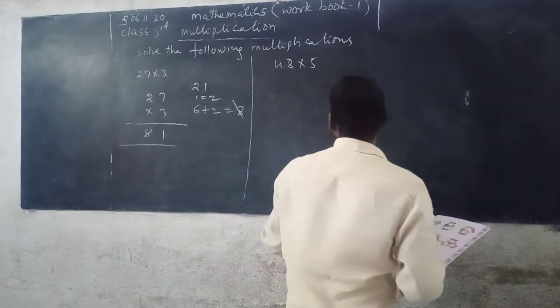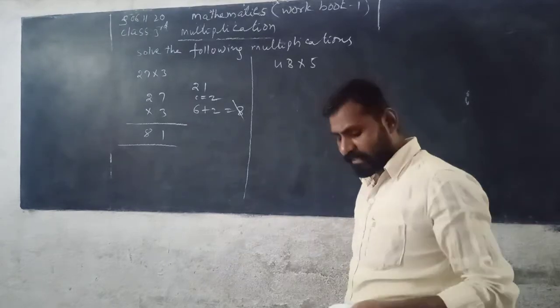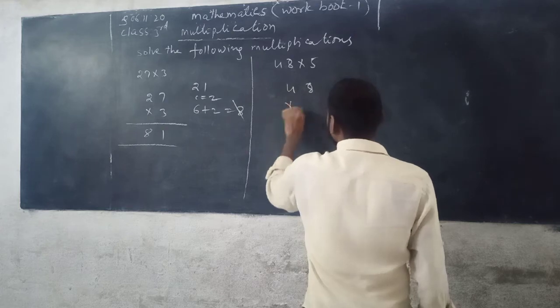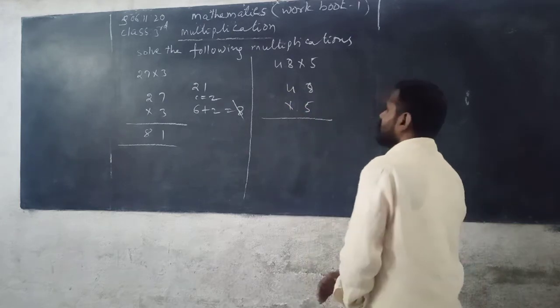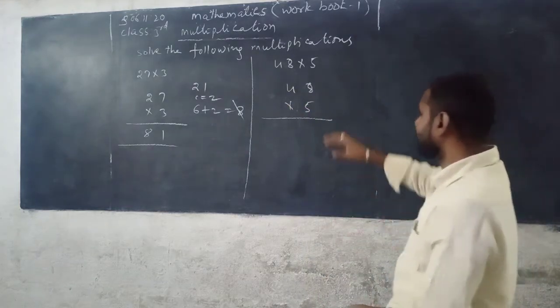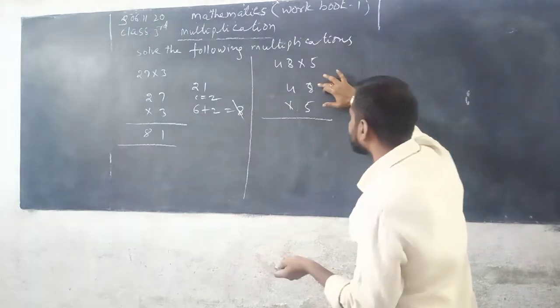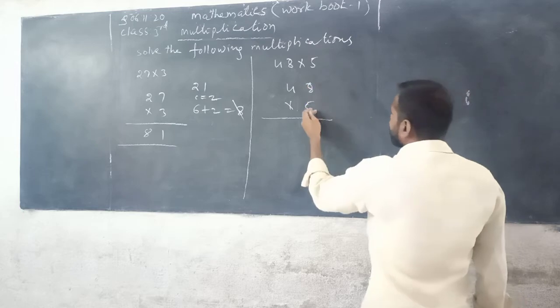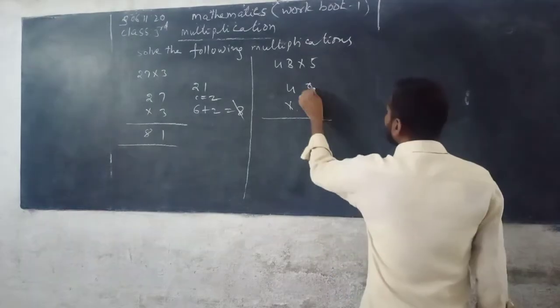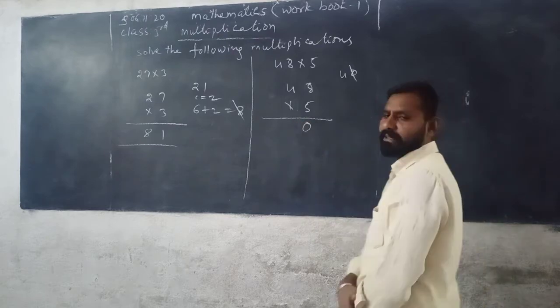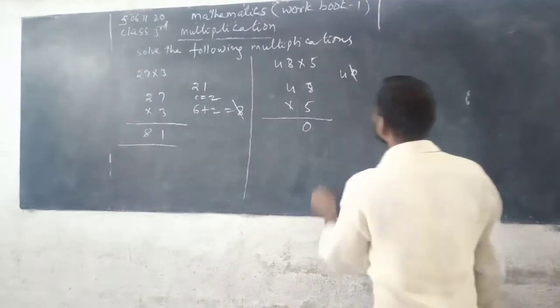Now next, 48 into 5. So write the given number in column wise according to their places. First, multiply ones place digit, that is 8 with 5. So you can read 5 table. 5 8s are 40. In it, 0 is taken and written down as the product of the ones place and 4 is carrying.